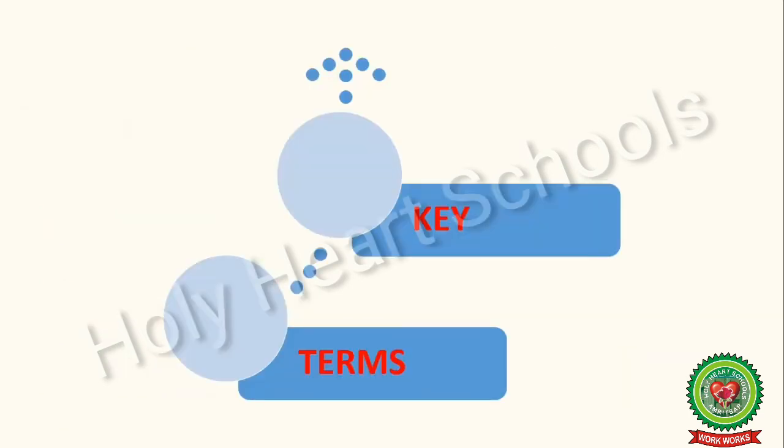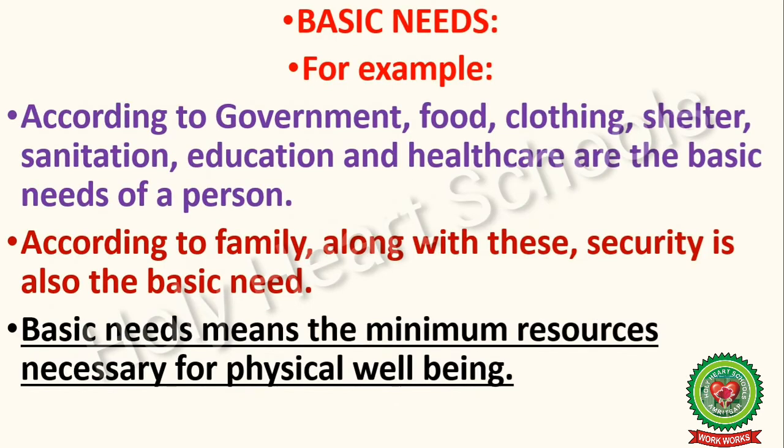Before discussion of these objectives, I would like to discuss the key terms with you. The first key term is basic needs. According to government, food, clothing, shelter, sanitation, education and healthcare are the basic needs of a person. And according to family, along with these, security is also a basic need. So you see the difference.